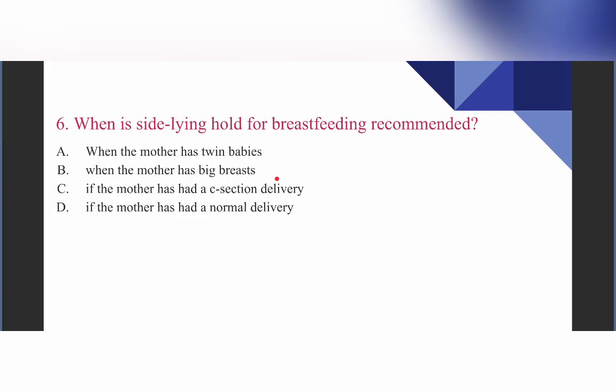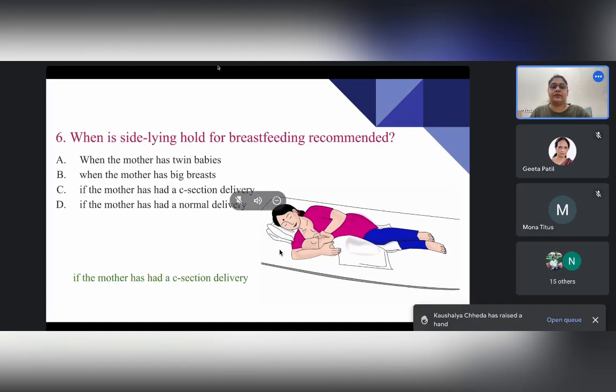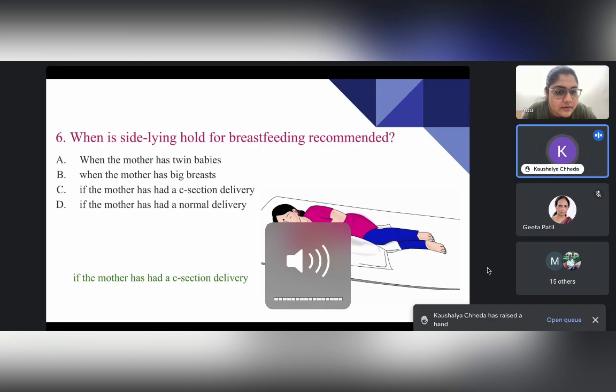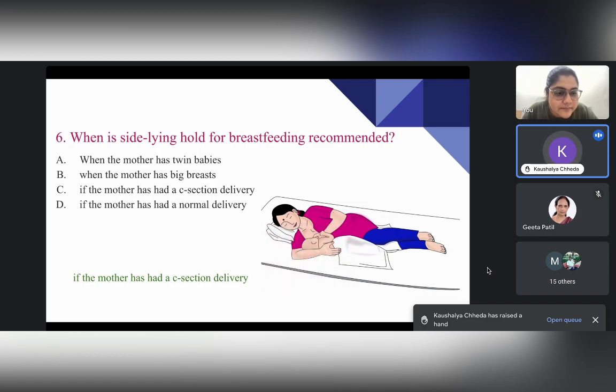So we'll go to the, yes, somebody had, Ma'am, good evening, ma'am. Yes, good evening. In C-section, breast crawl is done from the neck and shoulder side, not in normal delivery.